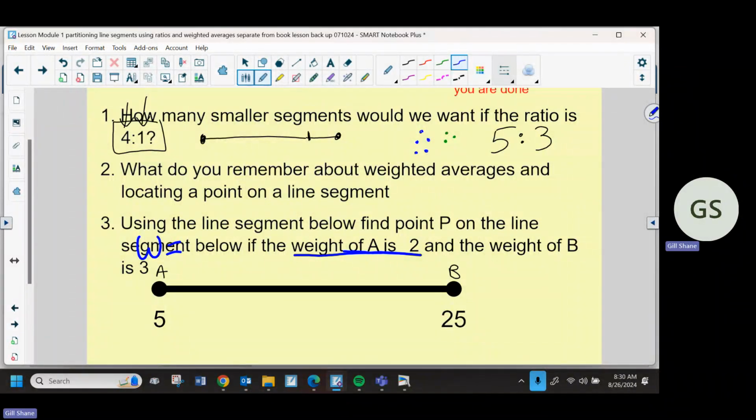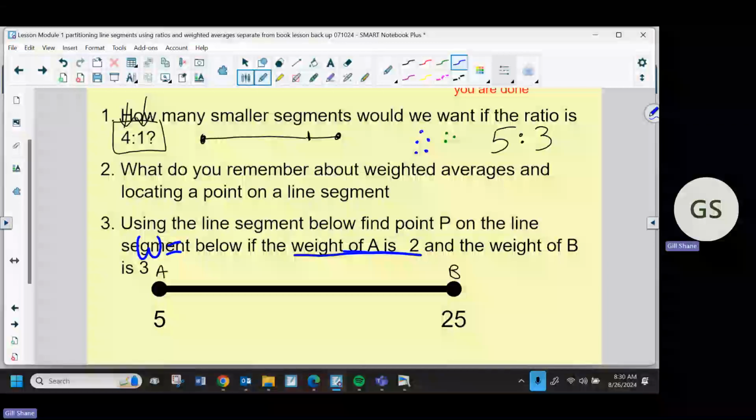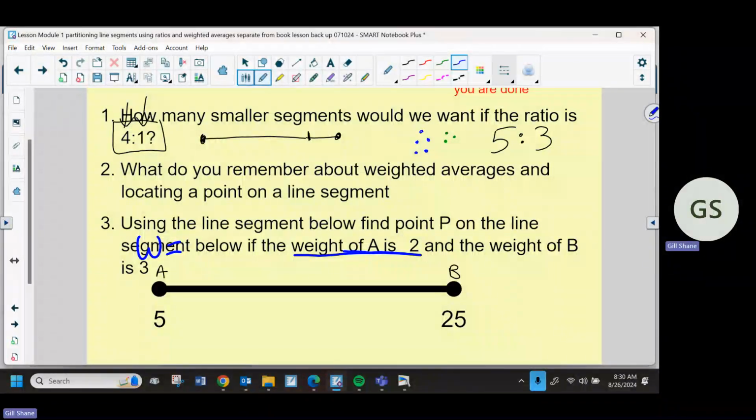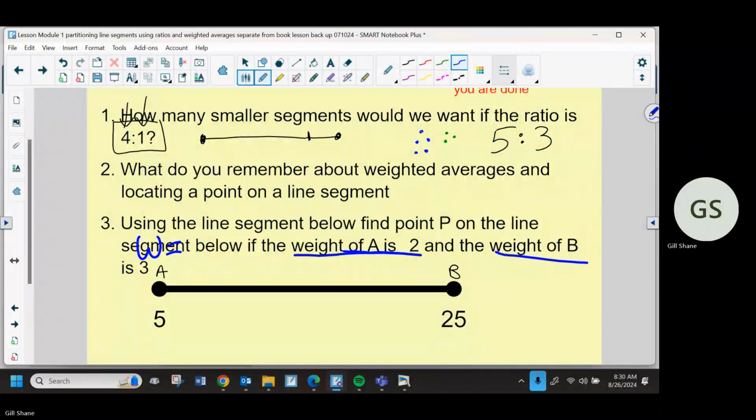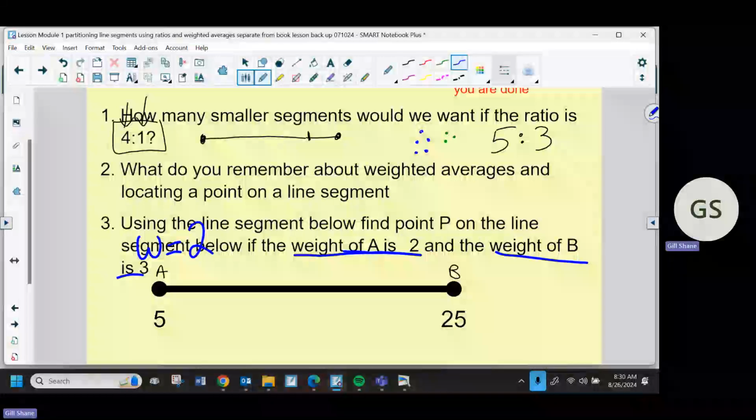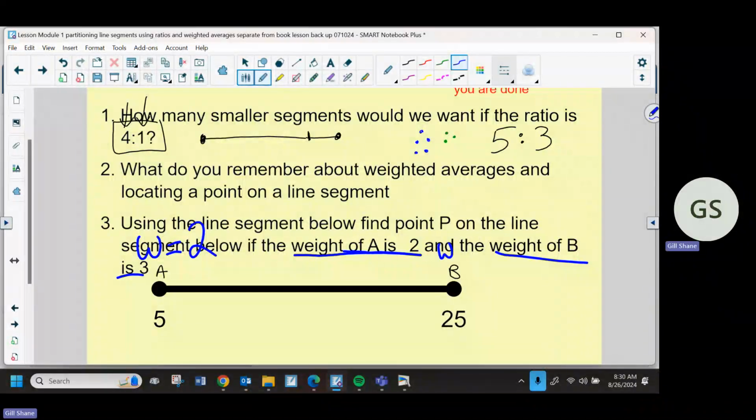Even if it says A is weighted 2 times as much, the weight is still right after the A, 2 times or twice. So it's always right around where the letter for the point is. So weight of A is 2, weight of B is 3.